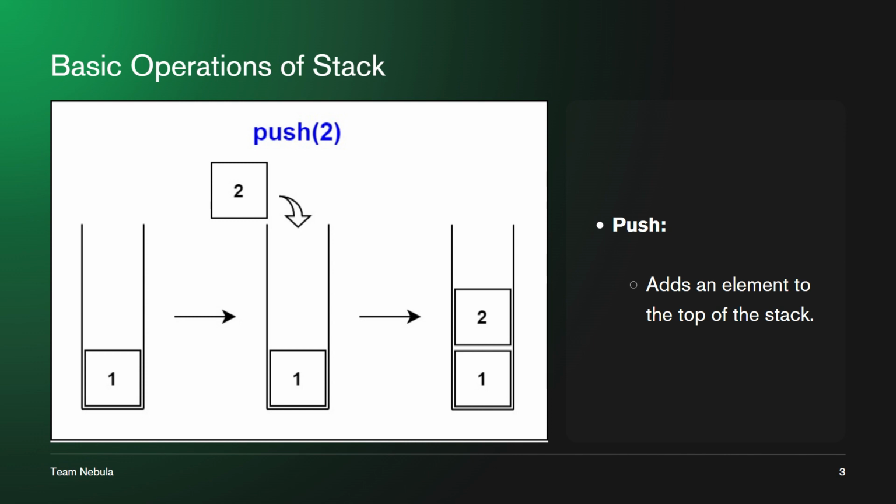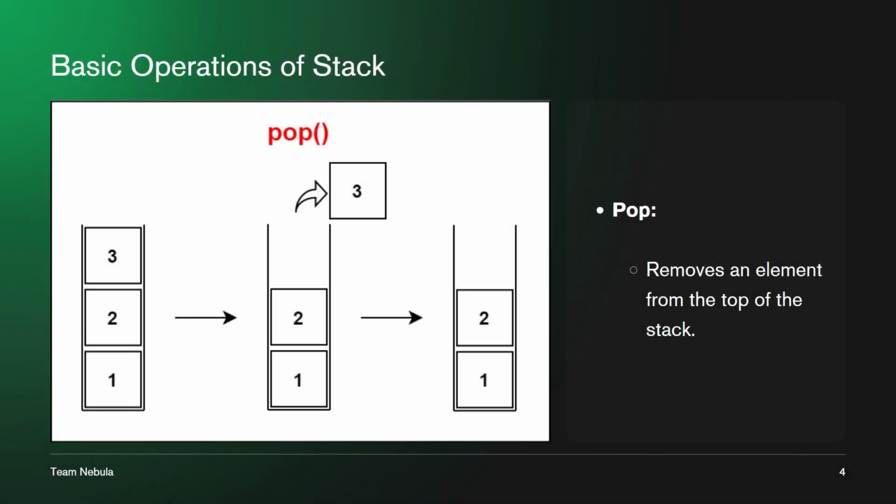Now, let's explore the basic operations that allow us to perform different actions on a stack. First one is push. This operation adds an element to the top of the stack. Next action is pop.